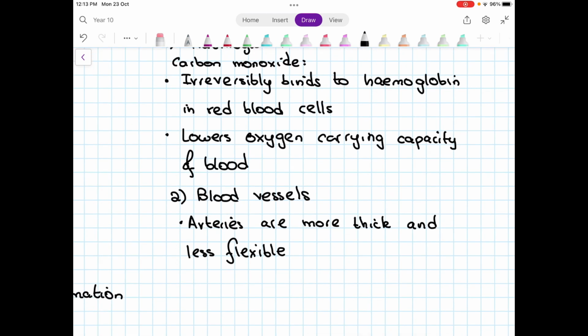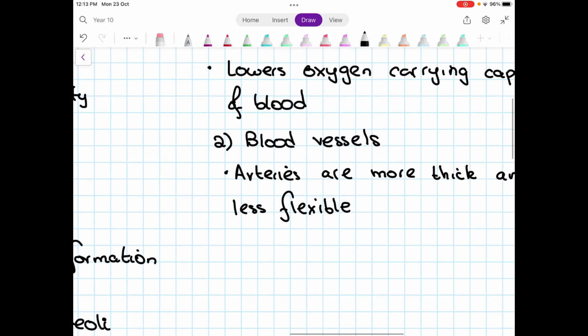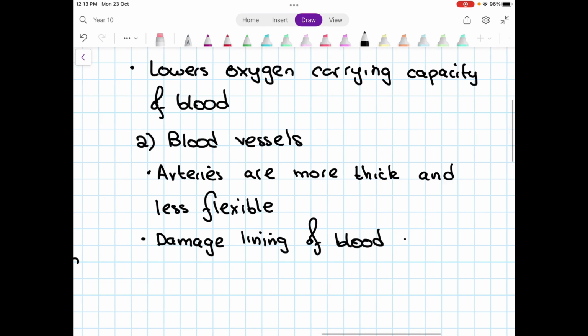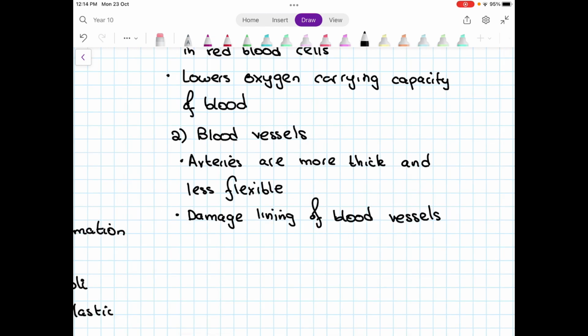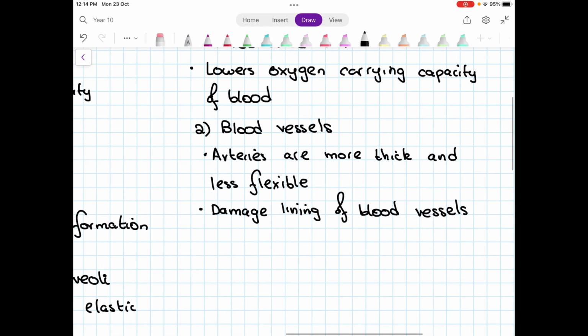Also, the oxidizing chemicals in cigarette smoke damage the lining of blood vessels. So arteries are made more thick and less flexible, and the lining is damaged.